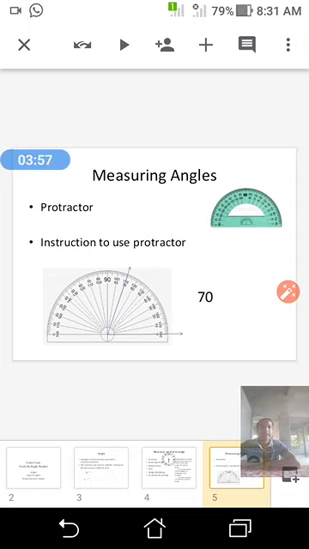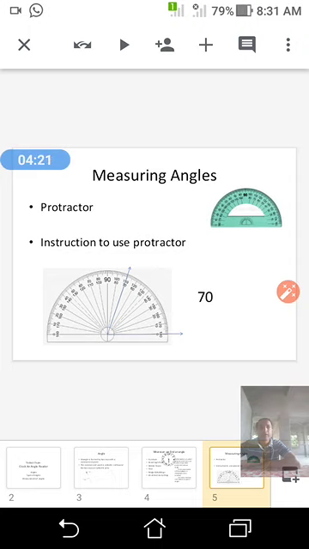As you can see, before placing the protractor, take an angle and put the protractor on the angle so that the center of the protractor coincides with the vertex of the angle.